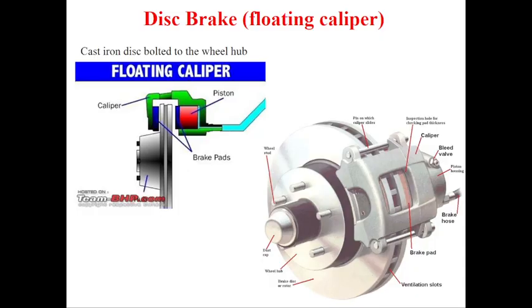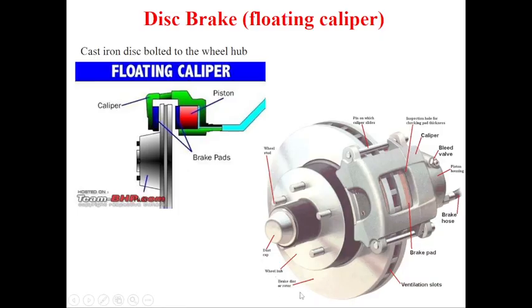Okay, the next point shows the pin on the caliper side. This is a pin, and with the help of the brake hose, this is the piston housing, or this is a bleed valve, or the calipers, to control the vehicle. Then the dust cap. This is the wheel hub.